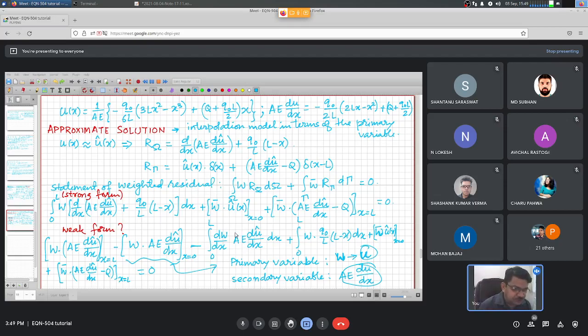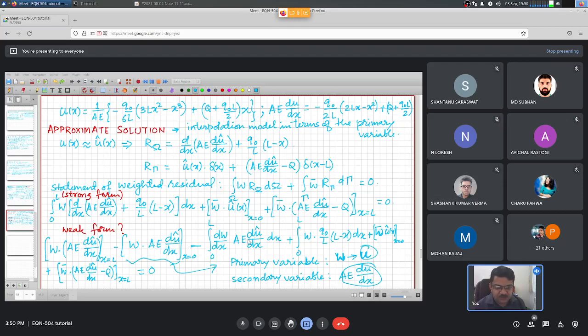Our approximation has some contribution to the error term, and that will help us in establishing the statement of minimization of error. If the approximation does not contribute anything towards error, how are you going to minimize that error?